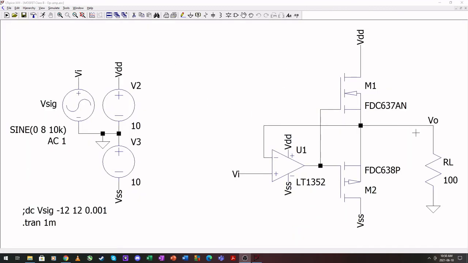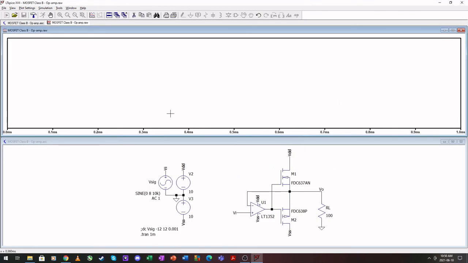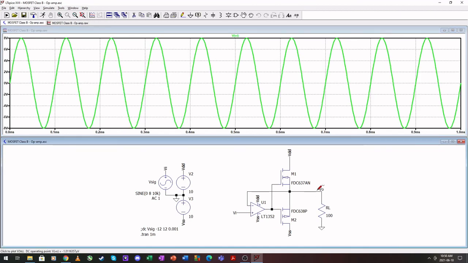Right, our MOSFET application, if we run this, let's see what we get. There's our input and our output is aligned. Some issues that you might find with op amps here, if you pick the wrong op amp, don't go for JFET input op amps. Rather go for an op amp that has BJT inputs. Sometimes your simulation, if you run it, will start to take minutes for every couple of microseconds.